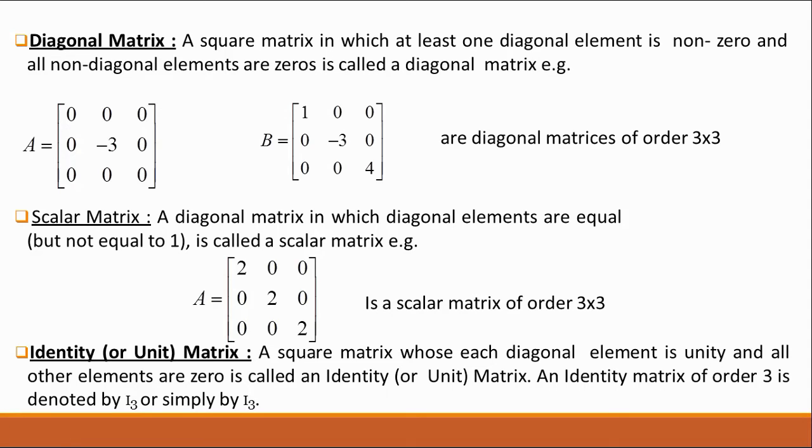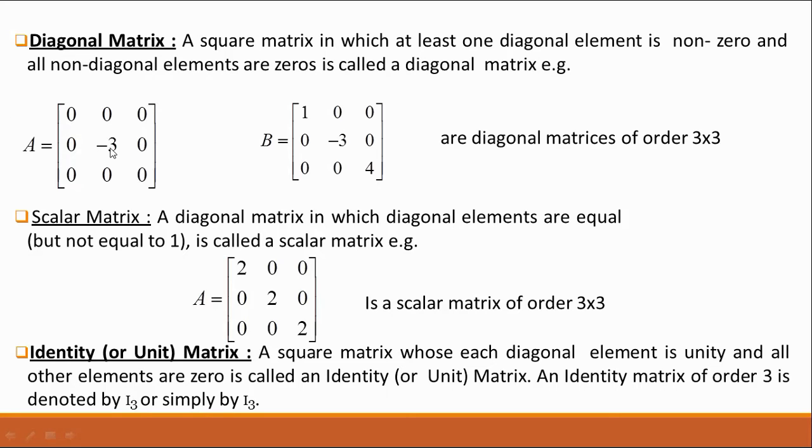Now what is a diagonal matrix? A square matrix in which at least one diagonal element is non-zero and all non-diagonal elements are 0 is called a diagonal matrix. Dear students, note that for a diagonal matrix, it is not necessary that all the diagonal elements are non-zero.